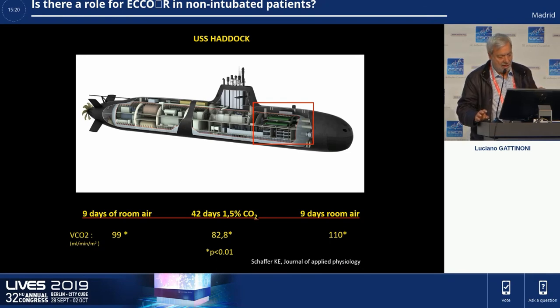Just in the 50s, they put in the submarine about 40 Marines for 40 days inhaling 1% of CO2, just to control, because one of the problems is CO2 control. When they were taken out, they exhaled more CO2 for 30 days.